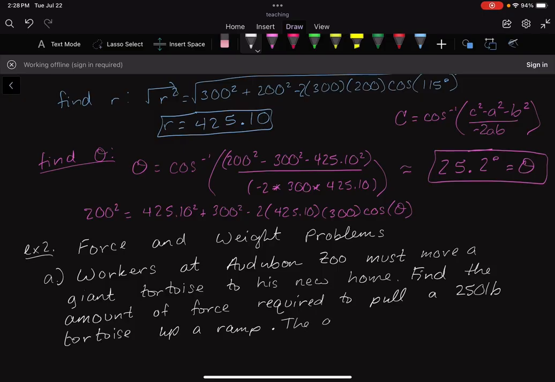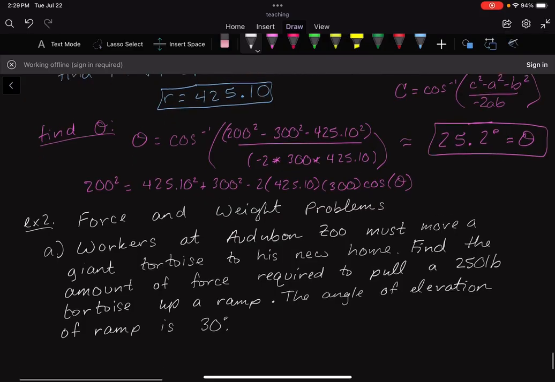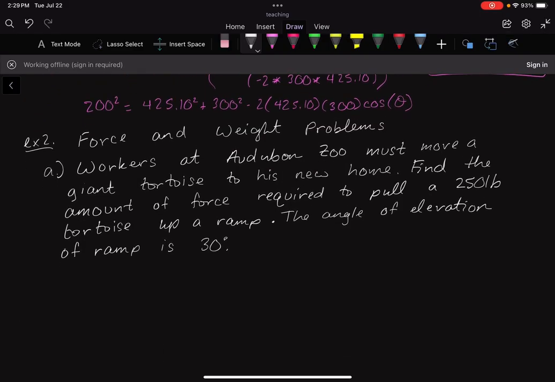The angle of elevation of the ramp is 30 degrees. And of course I'll make more, but I don't want to run out of space or anything.